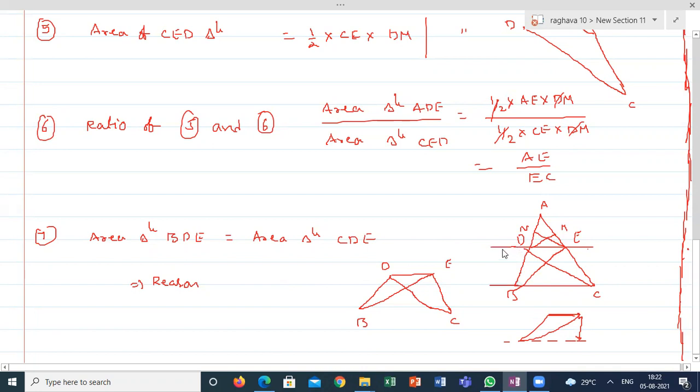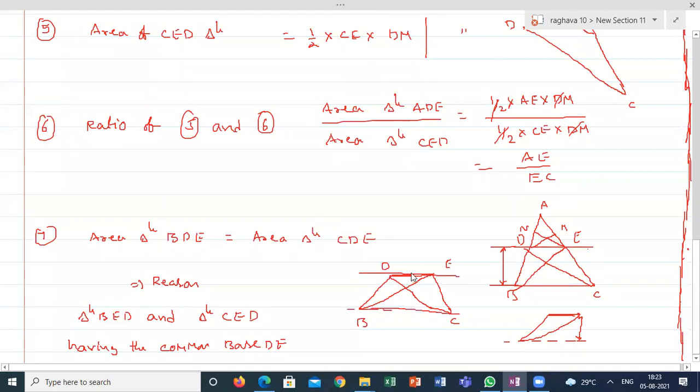For these two triangles, DE is the common base, so I can write the reason like this: triangle BDE and triangle CDE have the common base DE, and they lie between the same parallel lines DE and BC.